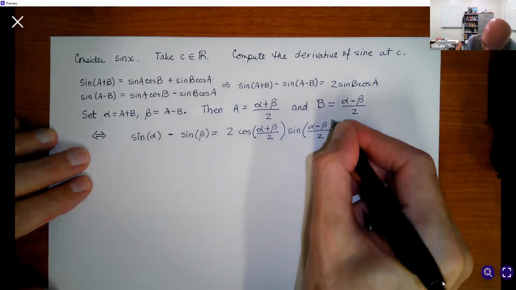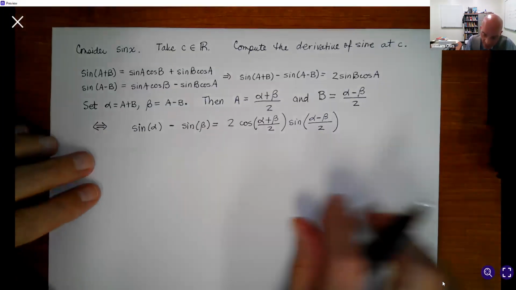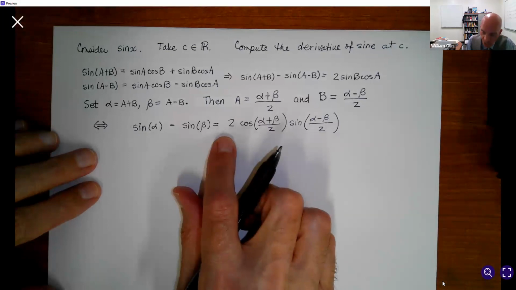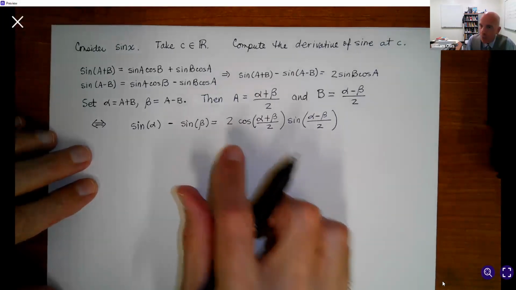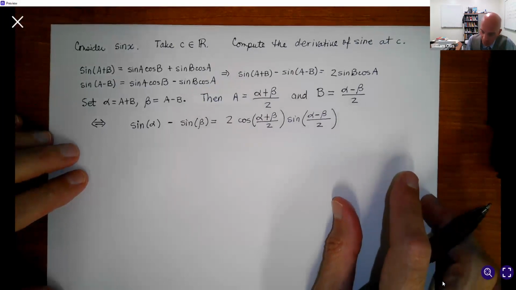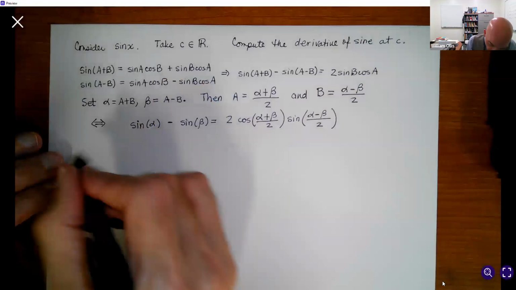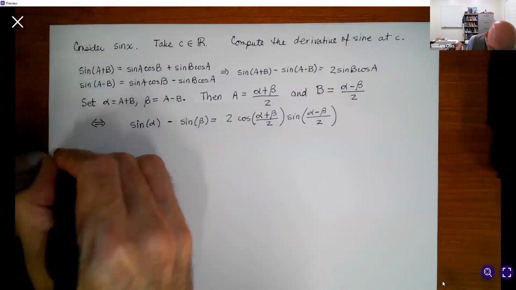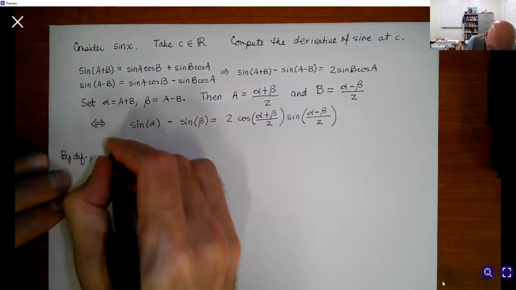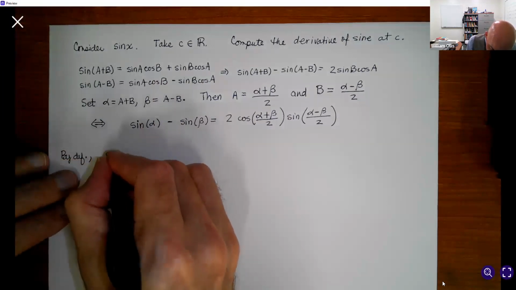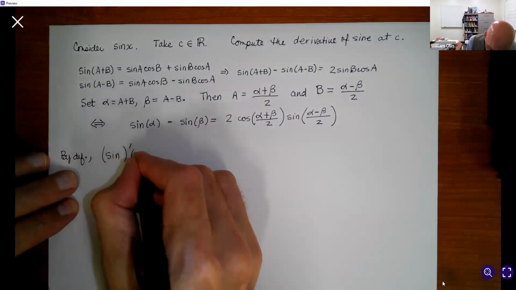Now, of course, it doesn't matter what letters you use, just don't use the same letter twice. And so now we have a configuration that will mesh with the form of derivative that we're using, okay? So, like we said before, we take c, element of R. So by definition, we'll have the derivative of sine evaluated at c.